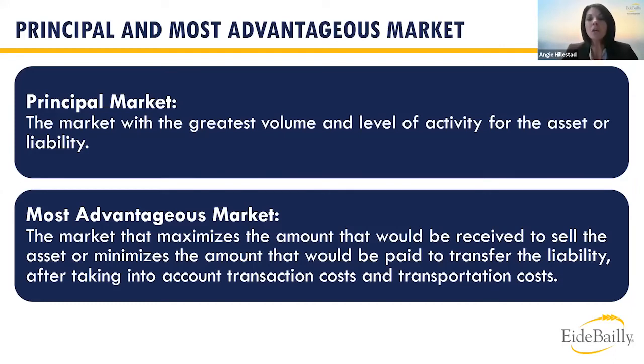So I think what we commonly see here is if there's a need that's primarily in a developing world rather than a US market, it might be a case where the principal market concepts, so that's the market with the greatest volume, indicate that sales in that developing world market would be the market that we should use for fair value considerations. But that might not be the most advantageous market because it's harder to get product overseas than it is to deliver it within the US.